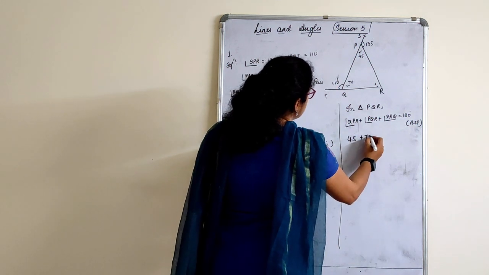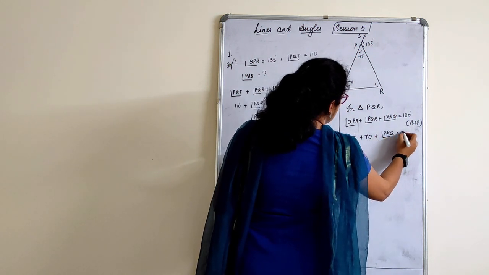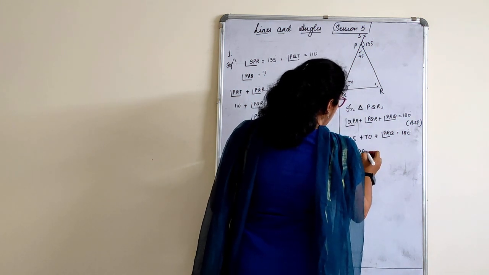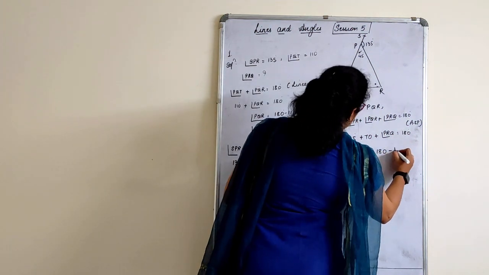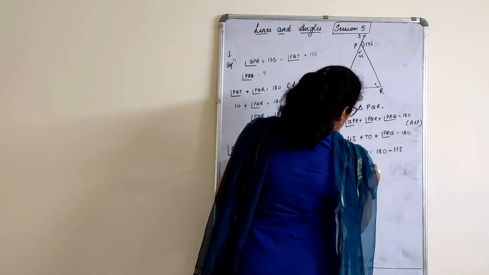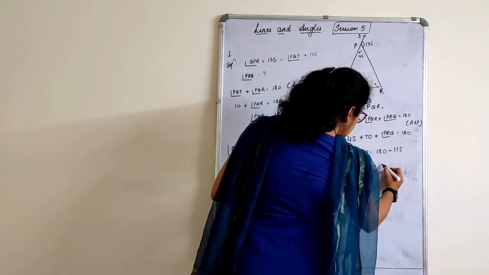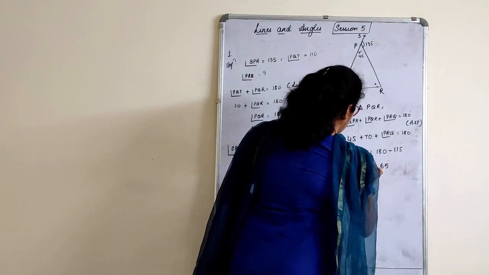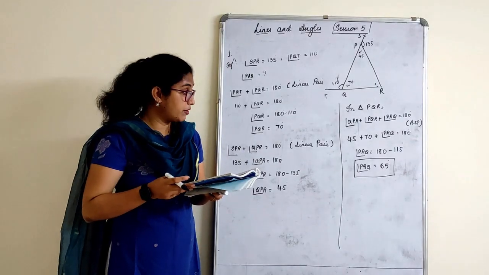Angle PQR is 70 plus angle PRQ is equal to 180. So angle PRQ is equal to 180 minus 115. How much do you get? You get it as 65 degree. Okay. So this is how we found the angles.